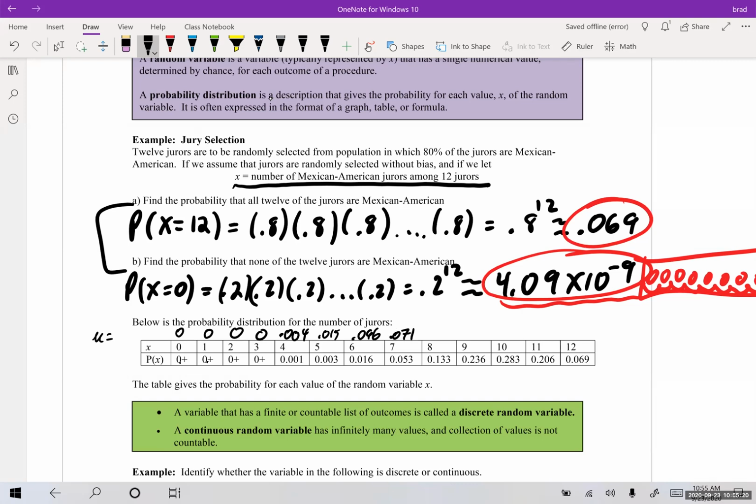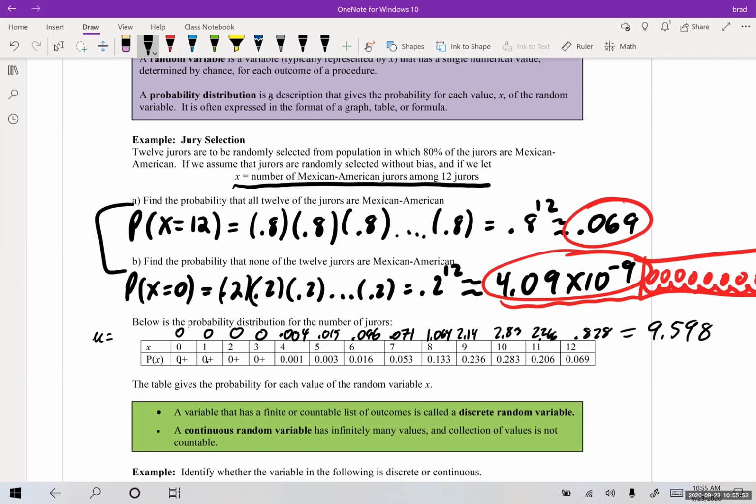This would be 1.064, I believe. 9 would be 2.14-ish. This would be 2.83. This would be 2.266, and this would be 0.828. So if you add all of these up, you would end up getting 9.598-ish, give or take, okay?